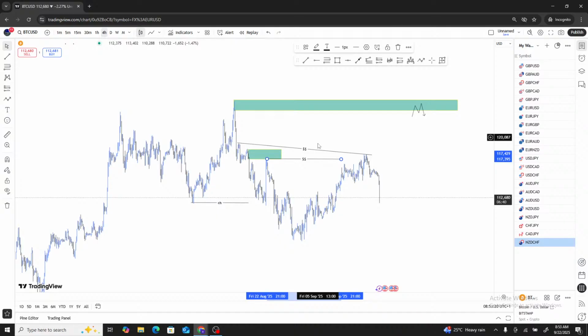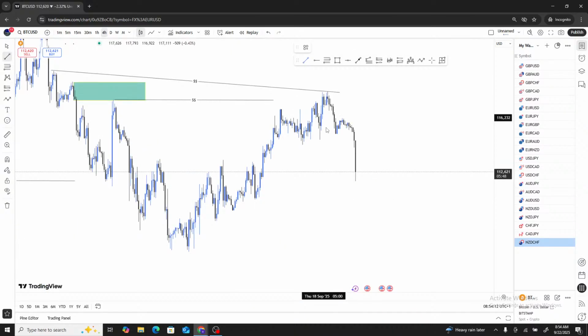What do we need to see? You have seen that this is a place where the market changed direction again. It has changed to a change of character. Wait, it broke structure.